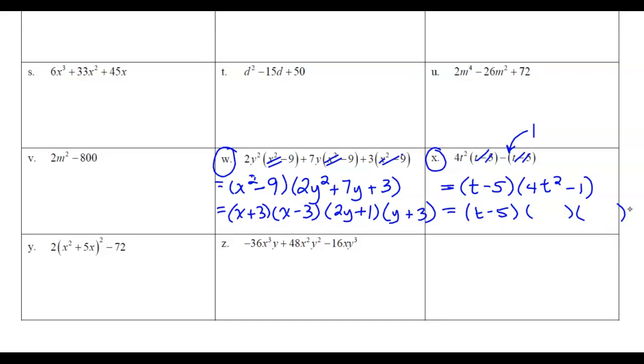Okay, and the second bracket is a difference of squares. It's a binomial, it's a subtraction, and both terms are perfect squares. So 2t, 2t, one has a plus, one has a minus 1.